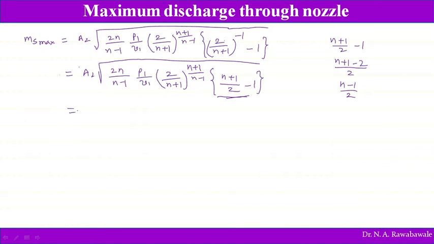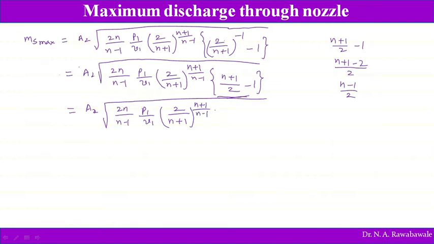So we will write it as A2 square root of 2n divided by n minus 1, p1 v1, (2/(n+1))^((n+1)/(n-1)), and this can be written as (n-1)/2. So this bracket is written as (n-1)/2. So now 2 gets cancelled, n minus 1 gets cancelled.